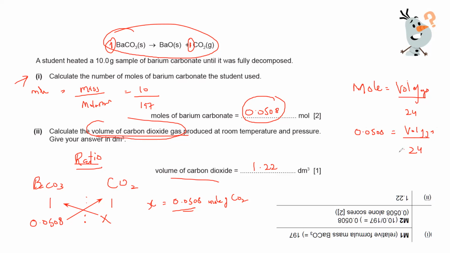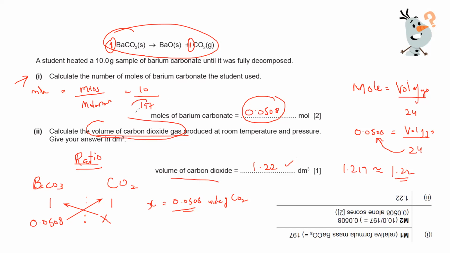If 24 is divided, on the other side it will be multiplied. So 0.0508 multiplied by 24, when you multiply these two numbers, you will get 1.219, which is approximately equal to 1.22. So that's the volume of the gas in decimeter cube.